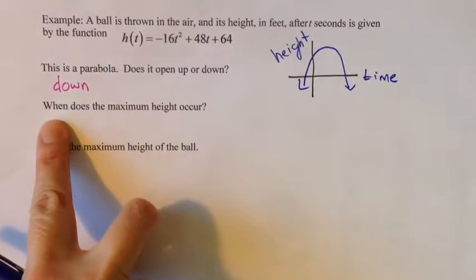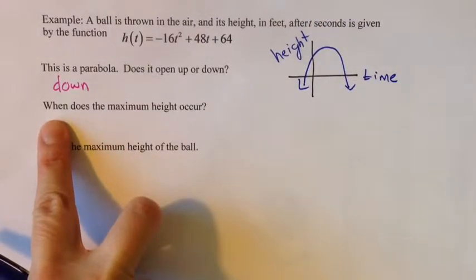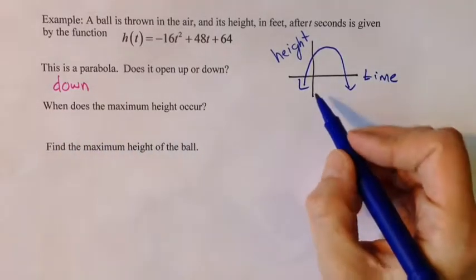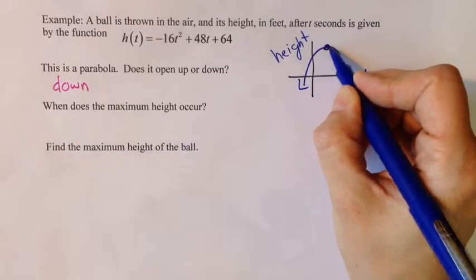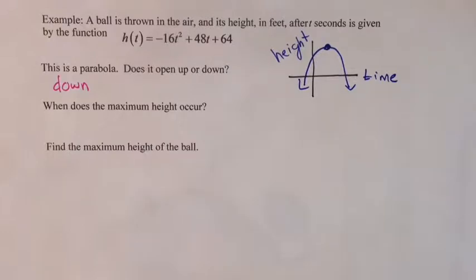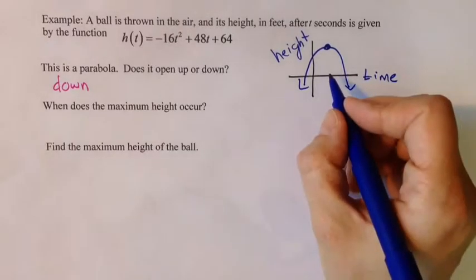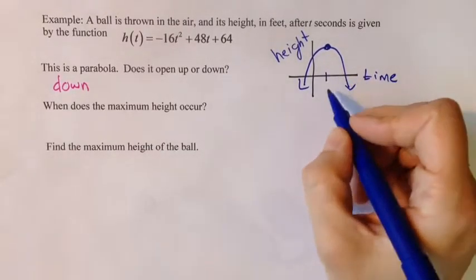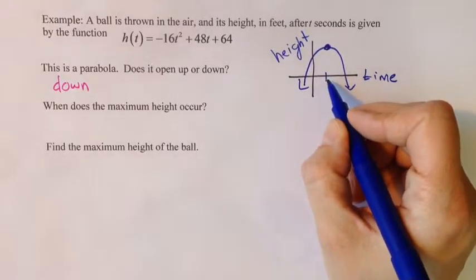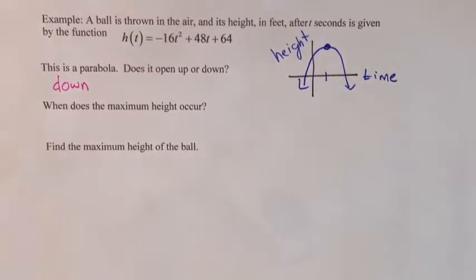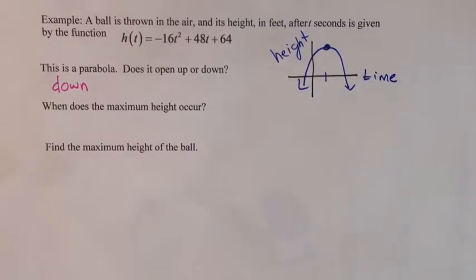This next part asks me, when does the maximum height occur? Well, looking at my graph, I can see that the maximum height is going to happen wherever the vertex is. So what I'm looking for in this first question is the x-coordinate of the vertex. And hey, we have a formula for the x-coordinate of the vertex.